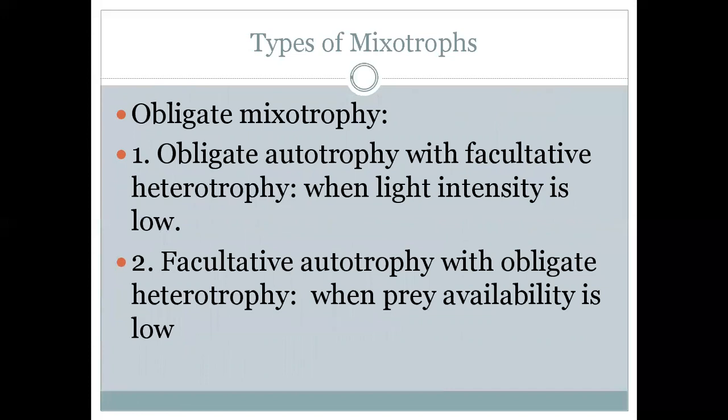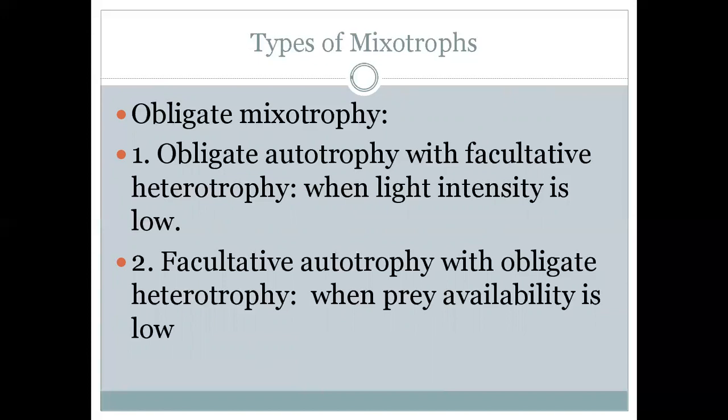So types of mixotrophy include obligate mixotrophy, which means obligate autotrophy with facultative heterotrophy. In this, autotrophy is compulsory, but when light is not available, the organism will survive as a heterotroph. The next category is facultative autotrophy with obligate heterotrophy.